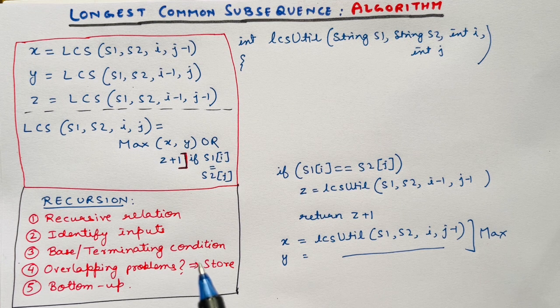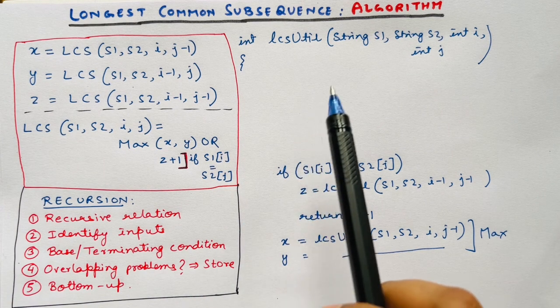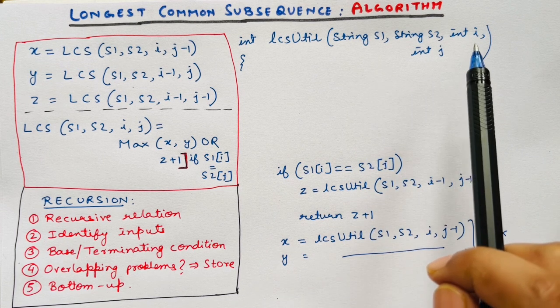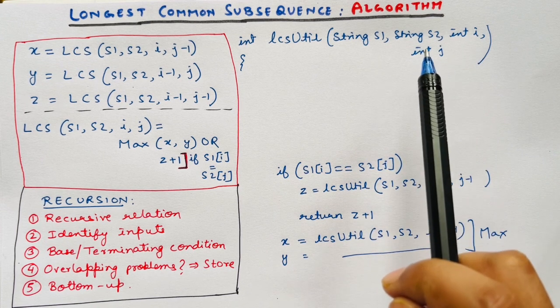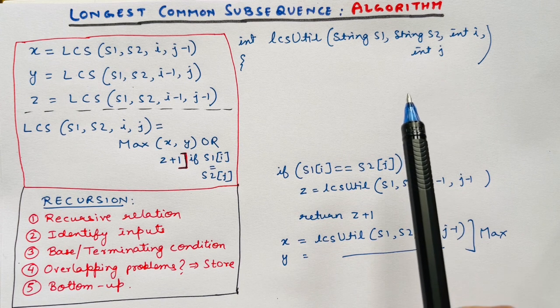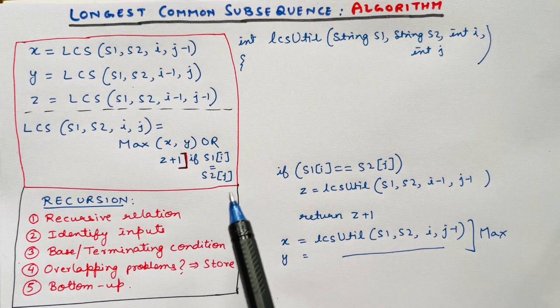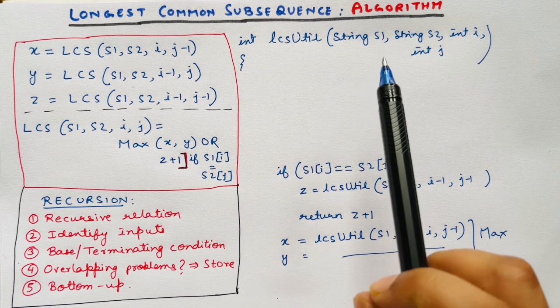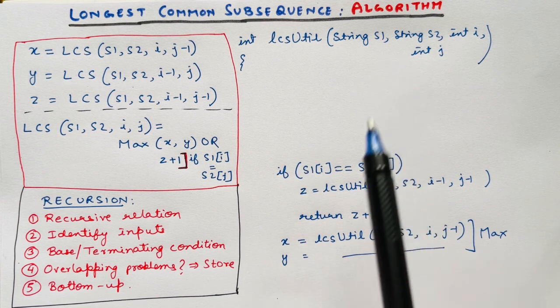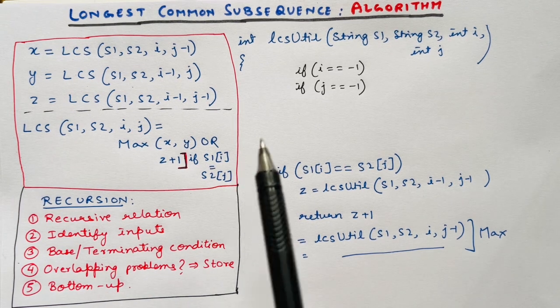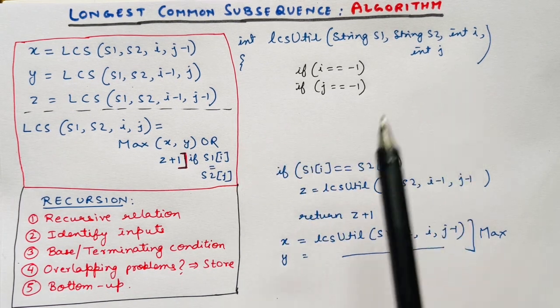Now where do we get our base or terminating condition? When our input is smallest. Our input here represents that the relevant part of string S1 is still up to position i and the relevant part of string S2 is still up to position j. So what will the smallest input mean? It would mean that the relevant part of either of these strings becomes empty. And what does an empty relevant part mean in terms of i and j?